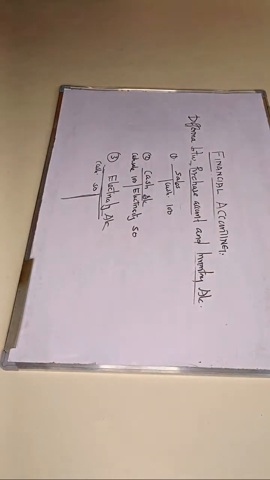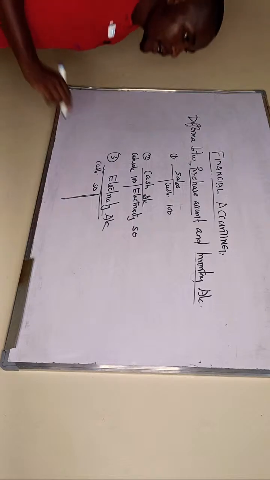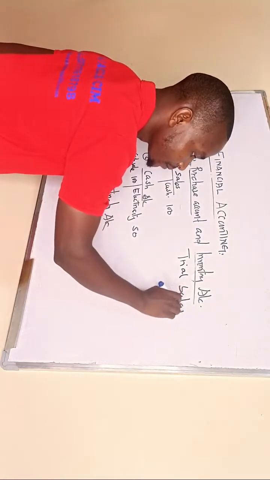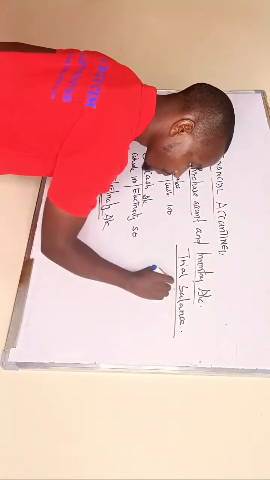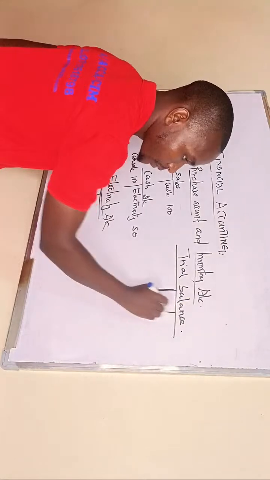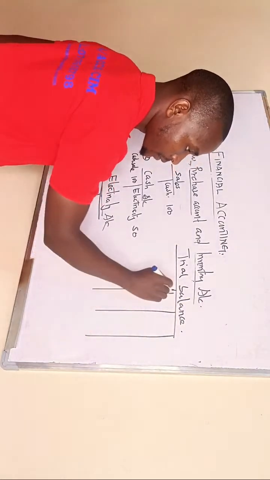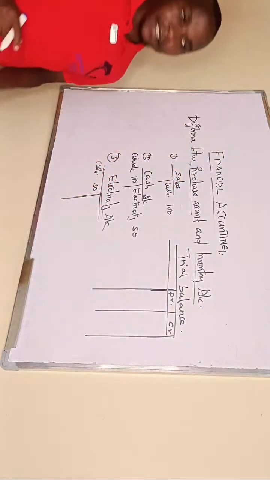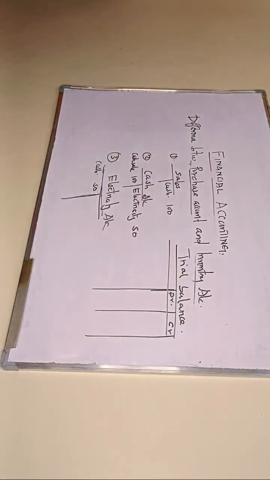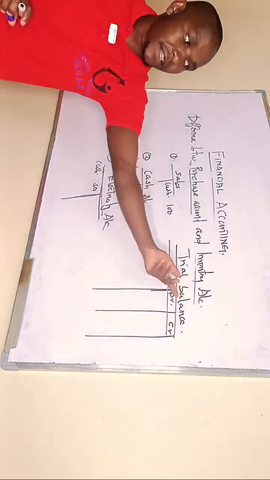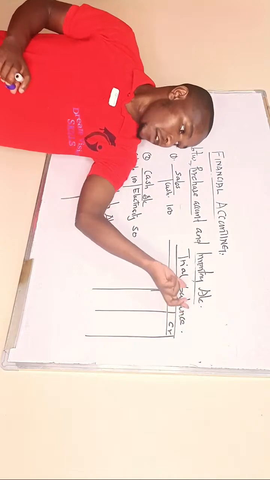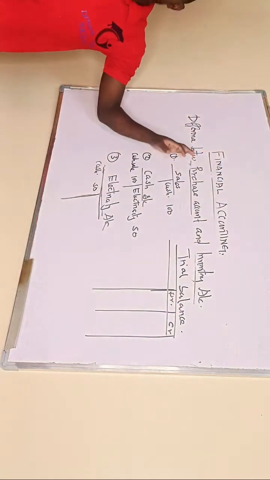You will write electricity 50 shillings. So when you open the trial balance, this trial balance is where we are extracting the balances, that's why it is called a trial balance. We are extracting the balances from the ledger accounts.